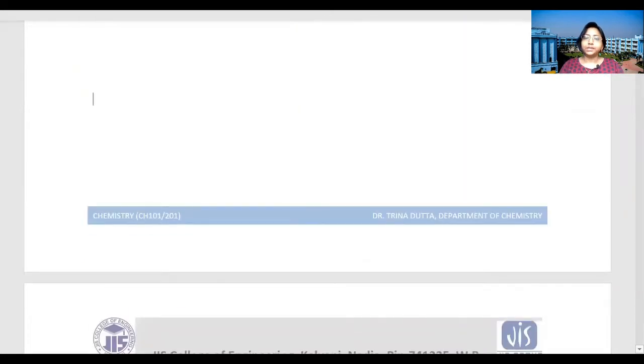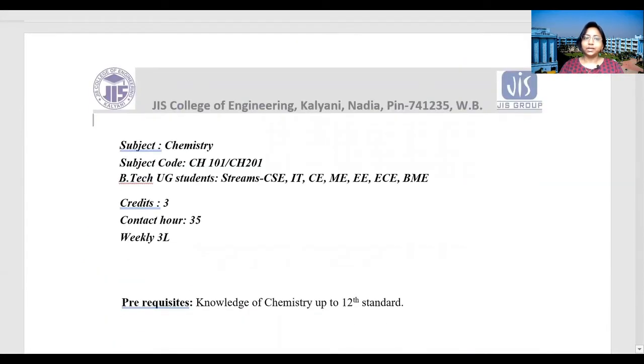Here the subject is chemistry, and the subject code is CH101 for odd semester, CH201 for even semester. This course is for undergraduate BTech students, and the streams are CSE, IT, Civil, Mechanical for even semester, and Electrical, EC, BME for odd semester.